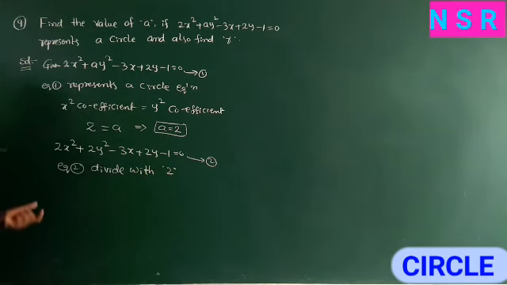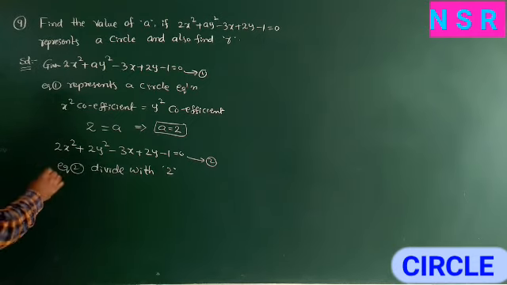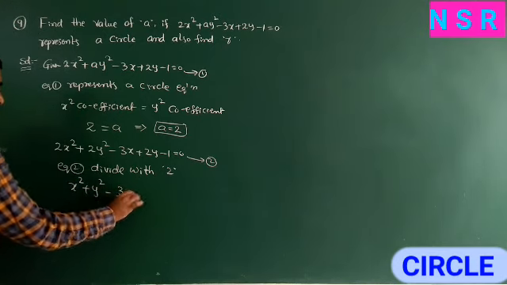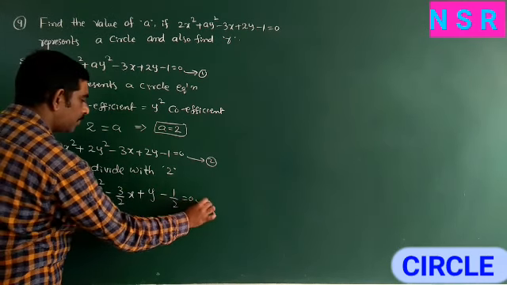Or directly we have a formula: if the circle equation is in the form ax square plus ay square plus 2gx plus 2fy plus c equal to 0, then the center is minus g by a comma minus f by a, and the radius is square root of g square plus f square minus ac, divided by mod a. So we can use that formula directly also. Here, dividing with 2, we get x square plus y square minus 3 by 2 into x plus y minus 1 by 2 equal to 0.